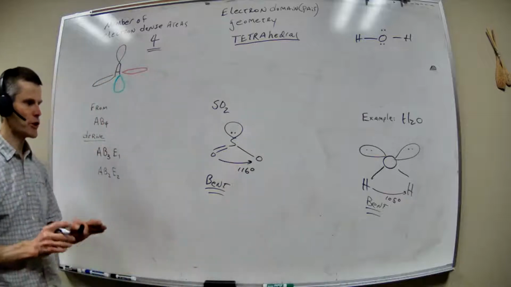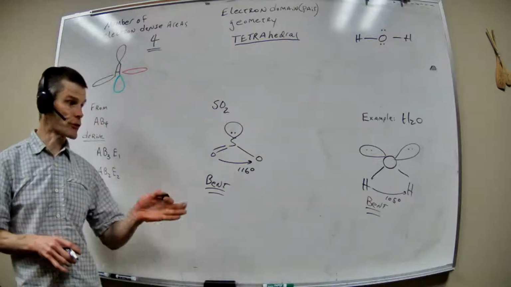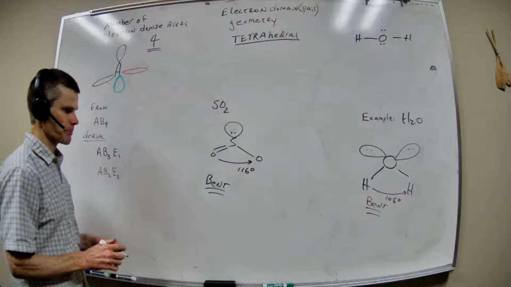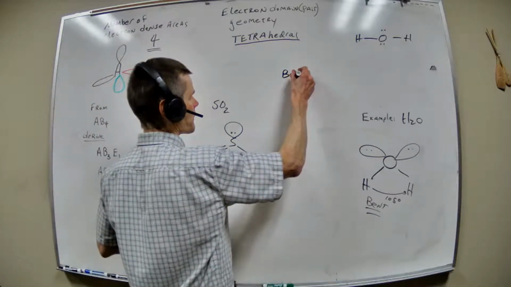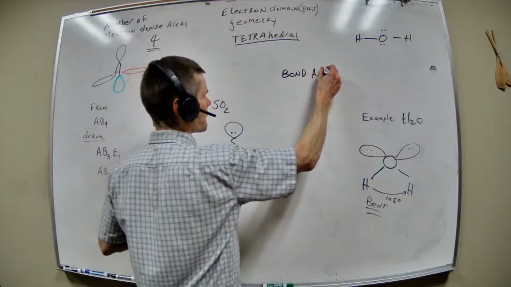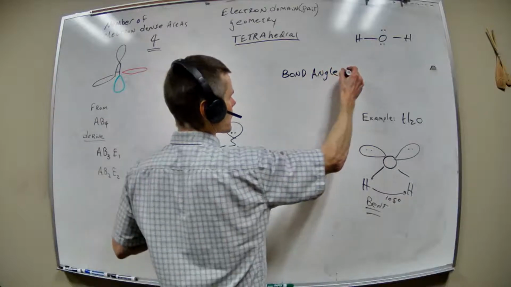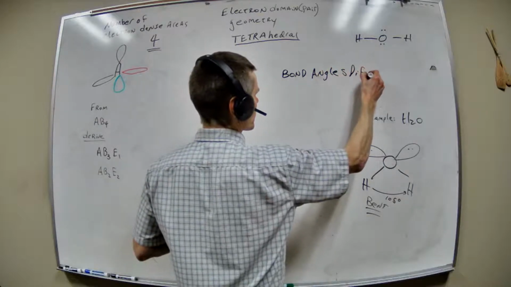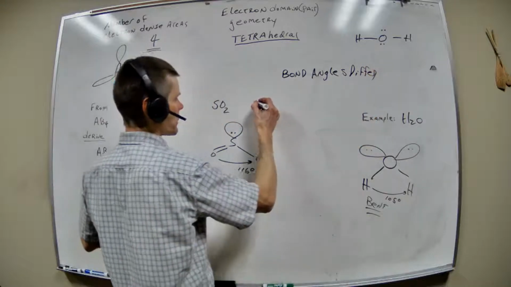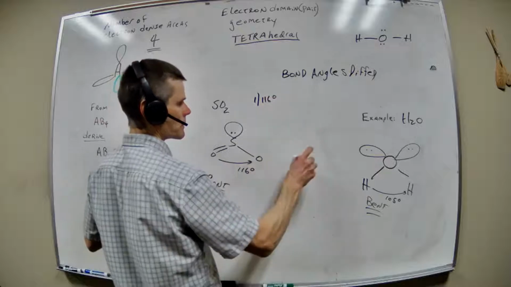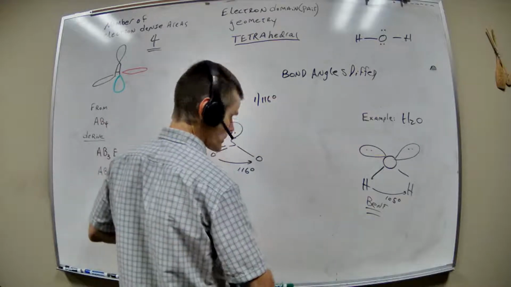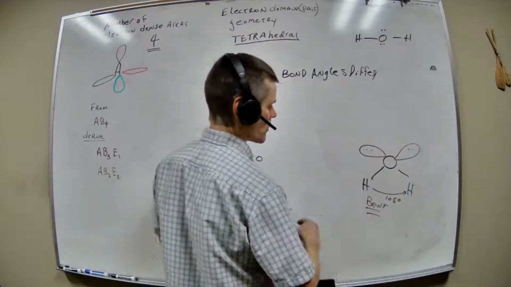First of all, one thing we should recognize is that there's differences in the bond angles. SO2 is 116, water, H2O, 105.